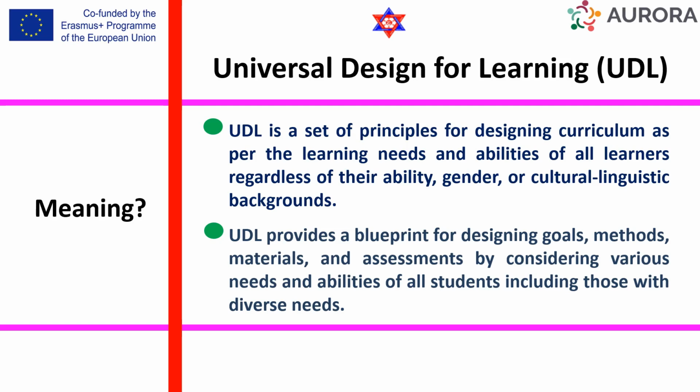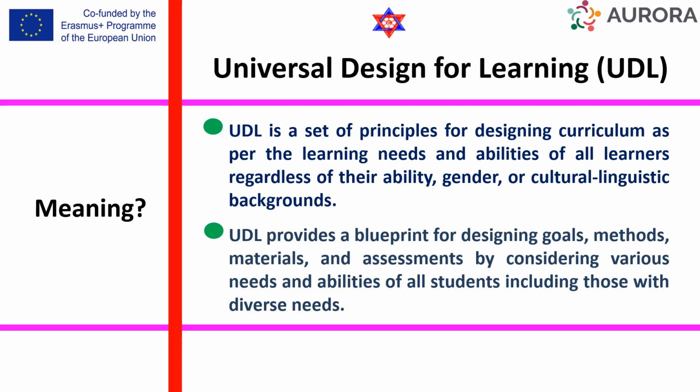Universal Design for Learning provides a blueprint for designing goals, methods, materials, and assessments by considering various needs and abilities of all students, including those with diverse needs. Universal Design for Learning encourages educators to see diversity as a strength rather than a problem.